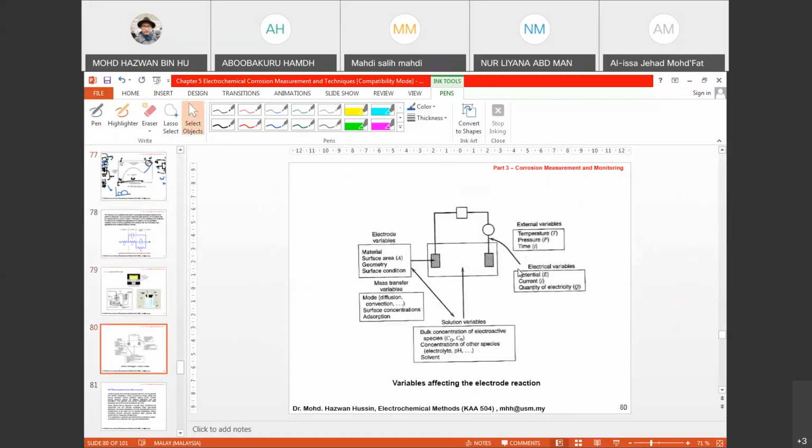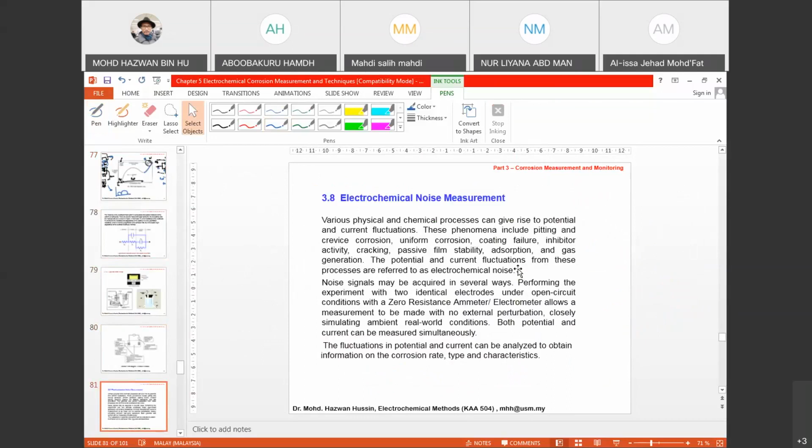Okay, so we move on to the last few parts before we end this topic. The first one is electrochemical noise. Electrochemical noise is one of the techniques used to measure pitting corrosion. This is a destructive process, which means you cannot reuse your sample after you've done the electrochemical noise.